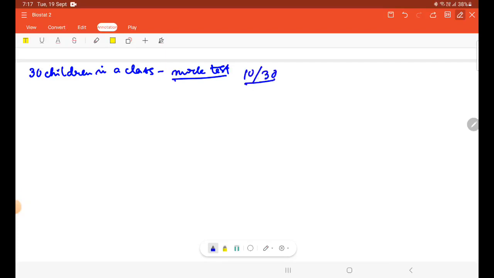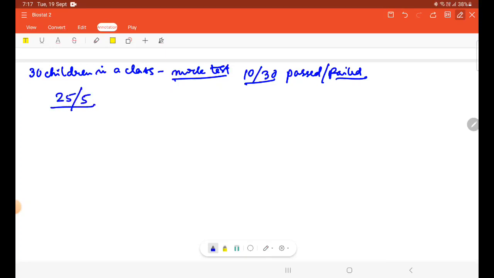How many have passed and failed? So it is a binary distribution of quality. Say out of 30, 25 have passed, 5 have not. This is the qualitative distribution data.